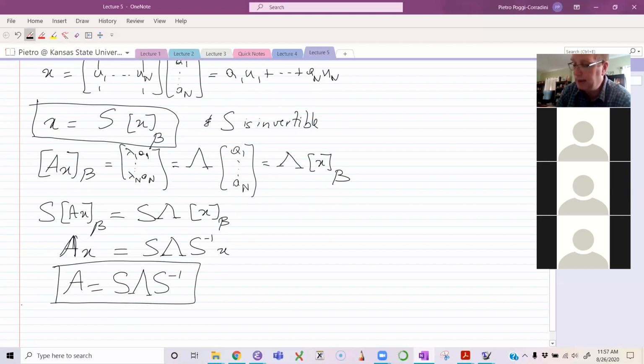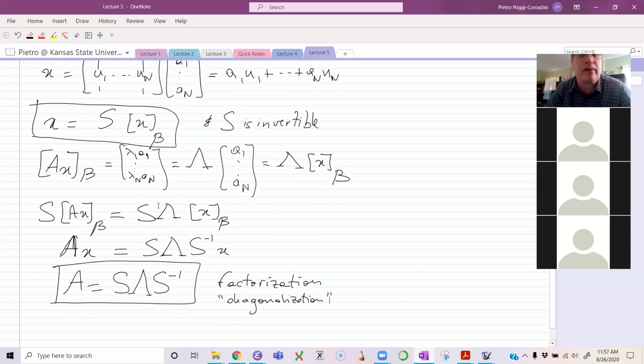So this is a matrix factorization, which is called a diagonalization. But at least for me, when I see these types of matrix factorizations, I always have to think about what they are telling me.